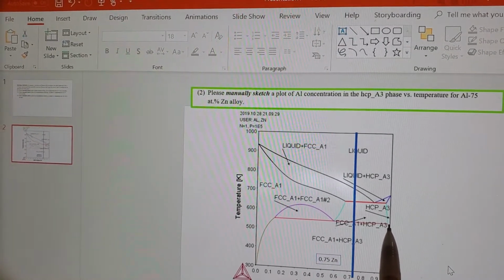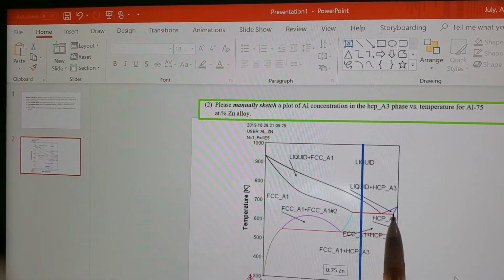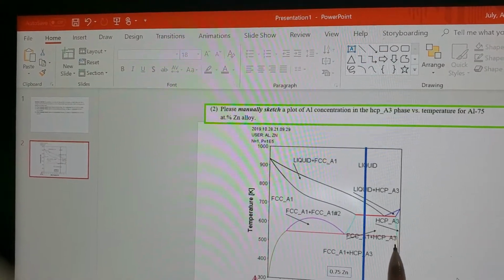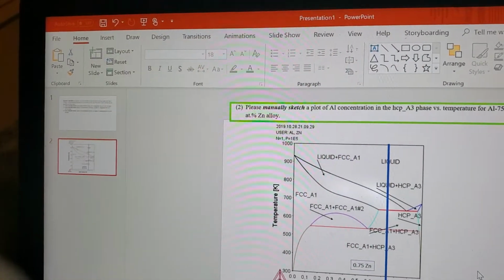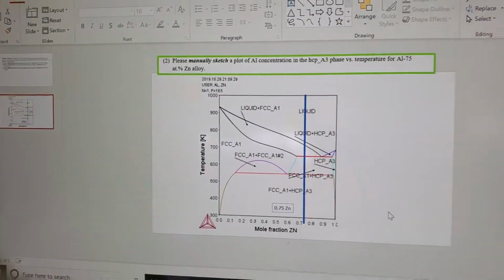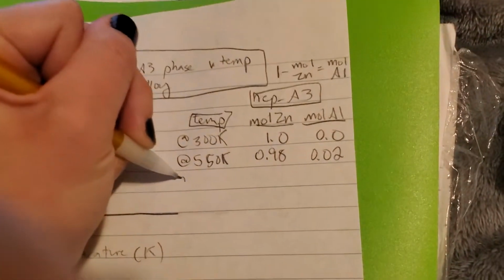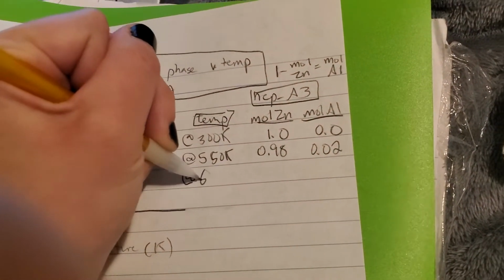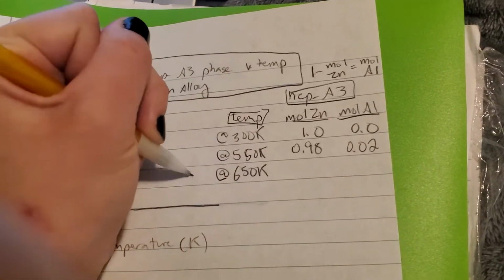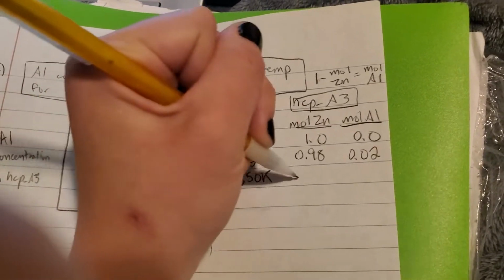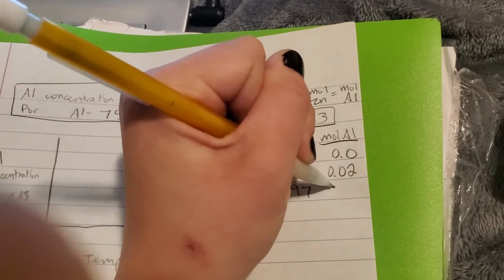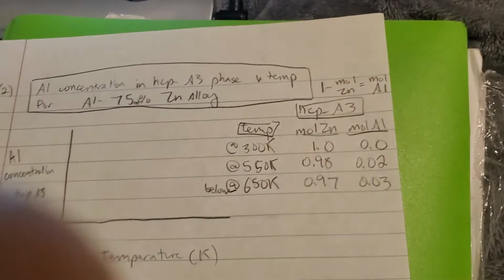We said 0.98 for here. So for this line at 650, I would say it's about 0.97-ish, somewhere around that. So at 650 Kelvin, below it, 0.97 and 0.03.